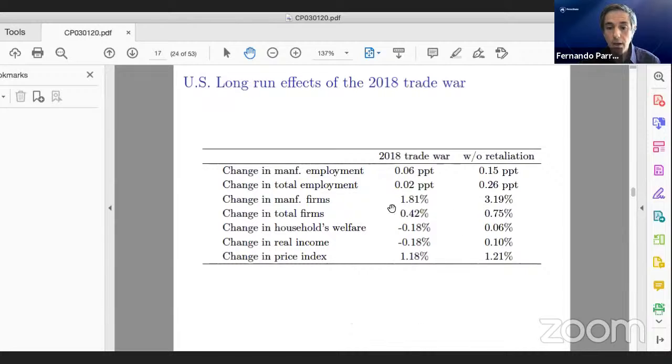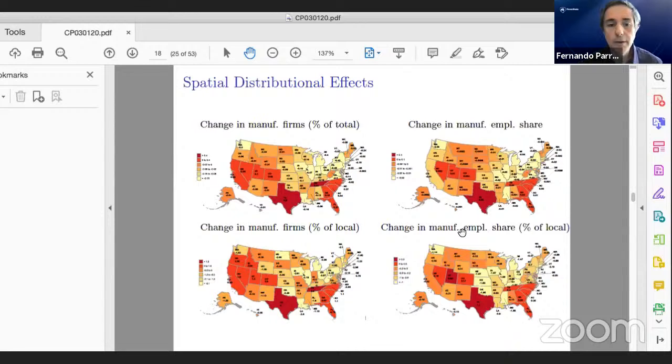Aggregate welfare as a consequence of the trade war for the United States is minus 0.18%, with slight positive gains if the other countries had not retaliated. And finally, we find very large spatial distributional effects of trade policy.